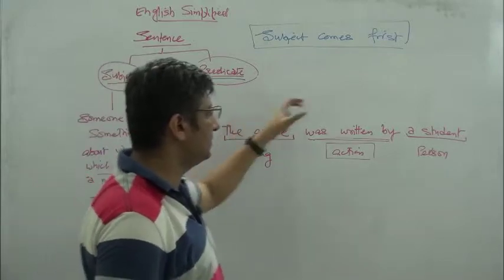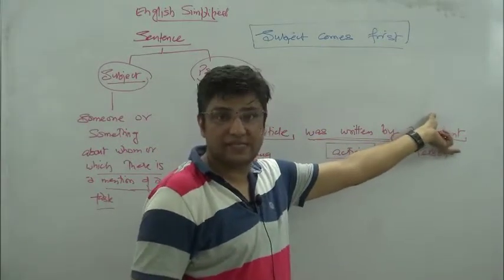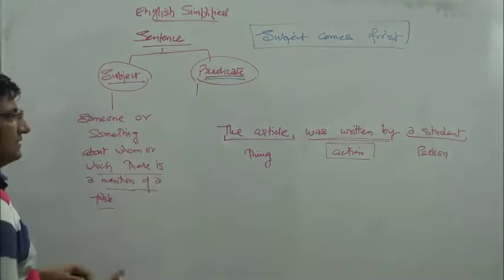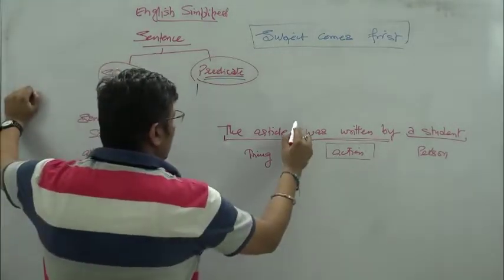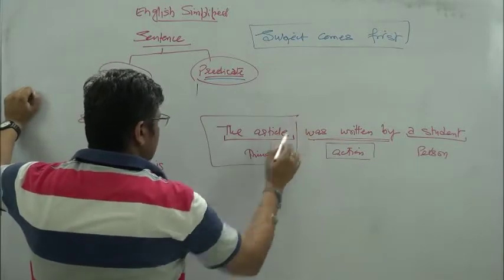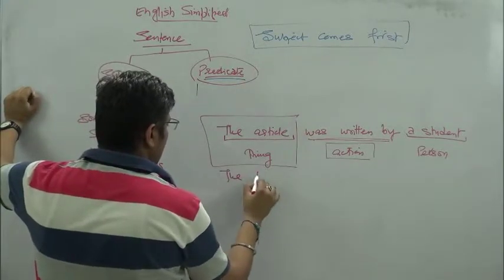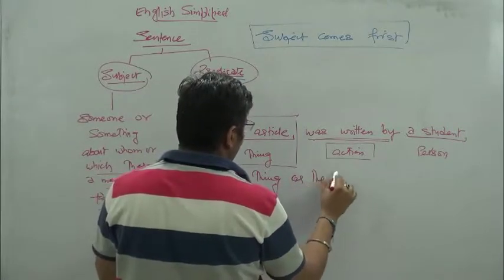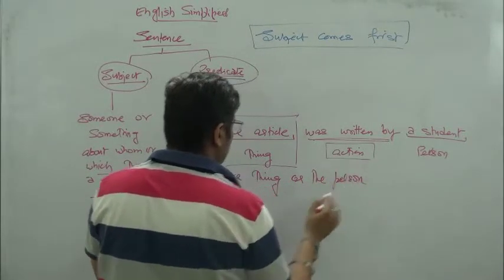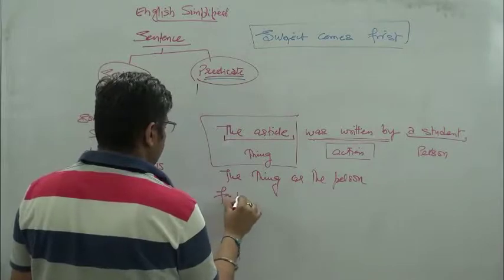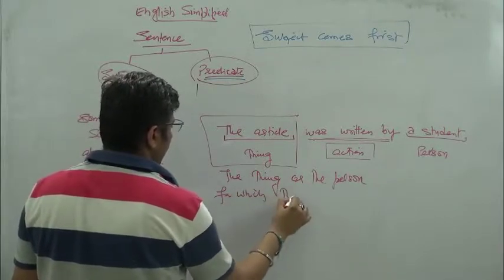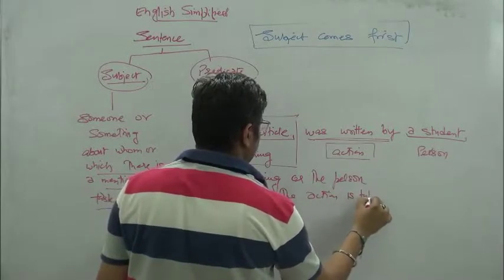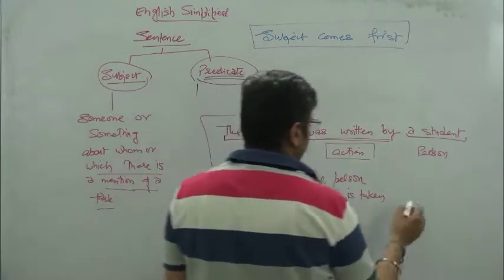All right. So, when I look at this sentence, the question comes, should I consider the article as the subject or a student as the subject? All right. So, when you look into this kind of a sentence, you should always consider the thing or the person for which the action is taken, right?